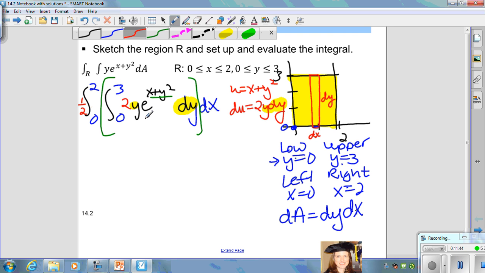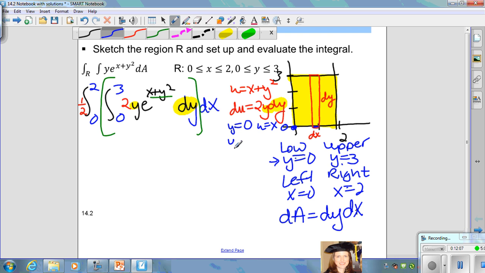Also, we can adjust the bounds of integration. Our original lower bound for y was y equals 0. So if you plug y equals 0 into this u substitution, then u equals x. That's going to be your new lower bound.